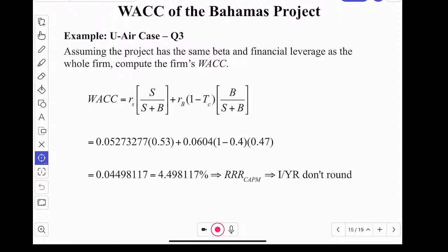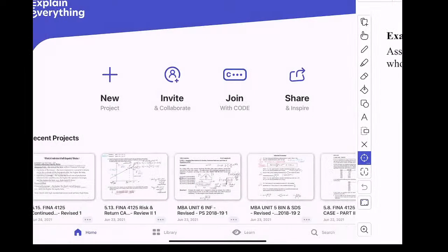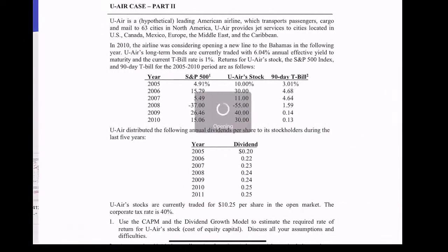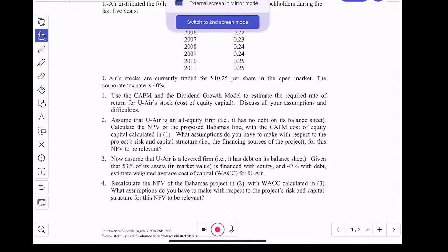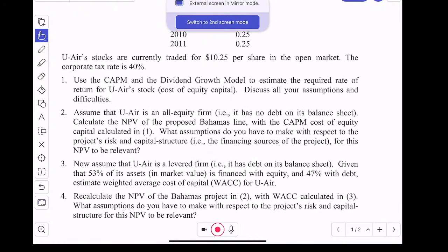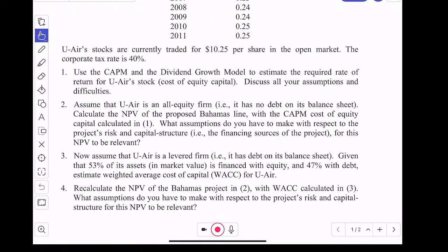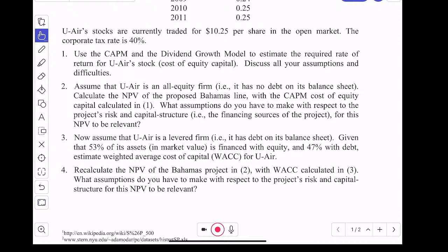So let's go back to the UAIR case and use the information provided. We introduce some information on debt. Let's see what it says in the case. So once we did all we did the other day, now we're going to introduce, so we did all of these 2 questions.